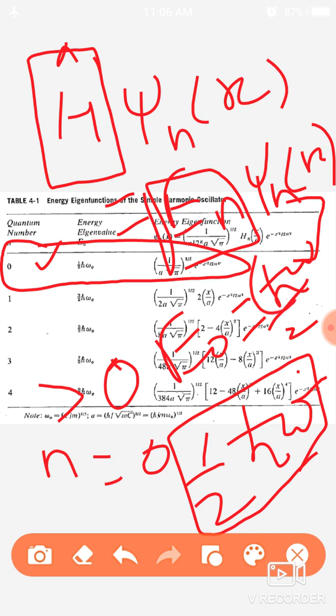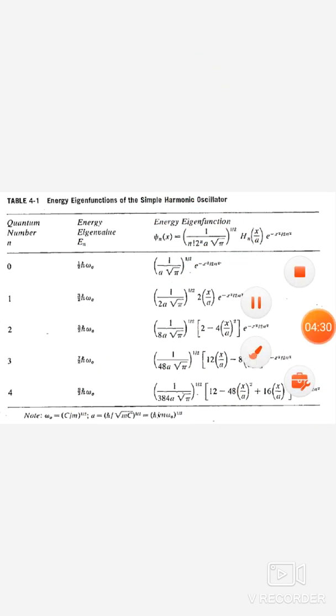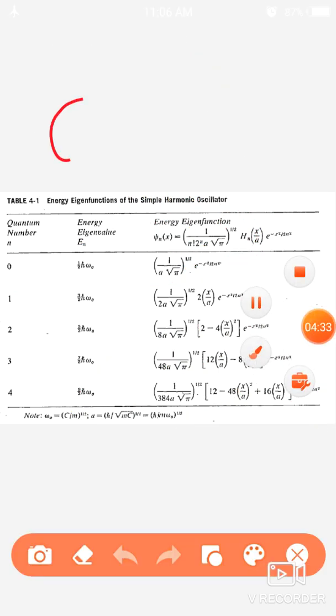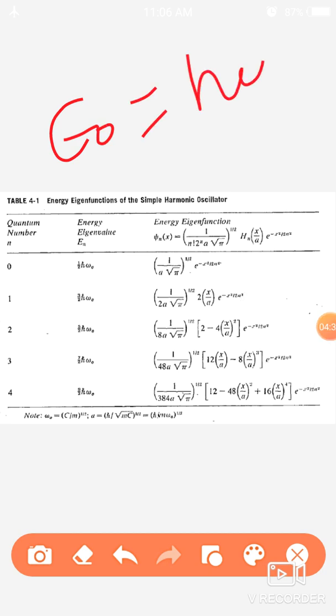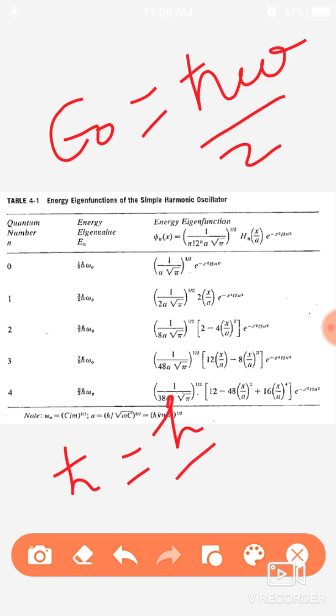Here h cross is Planck constant upon 2 pi, that is h cross equals h upon 2 pi. Here we can see that omega is the angular frequency of the oscillator.